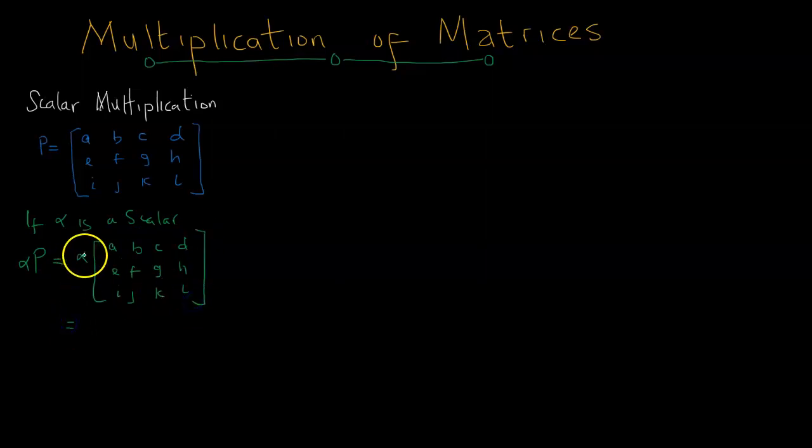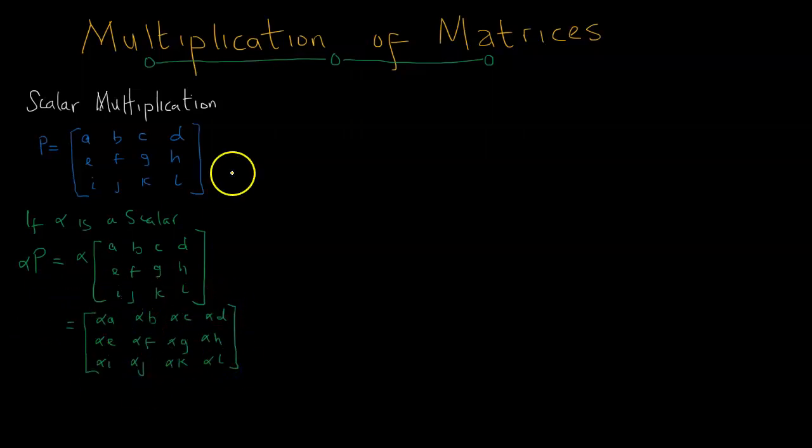Thus, the scalar is going to multiply every single element in the matrix. So this is just going to be alpha A, alpha B, alpha C, alpha D. This is scalar multiplication.